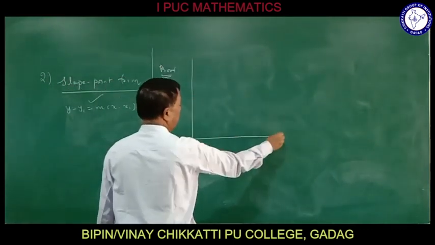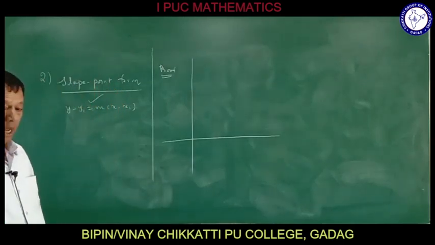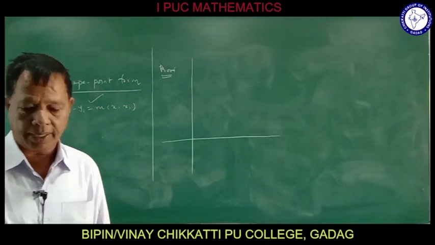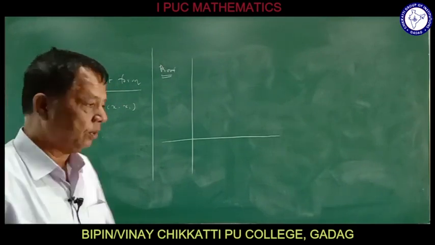How to prove this? How can you explain the slope point form? Now in general, when you go for writing like this, you have to take one line here.